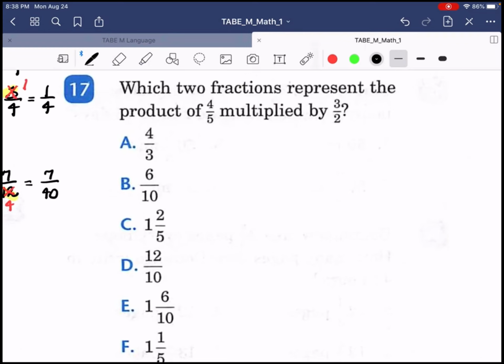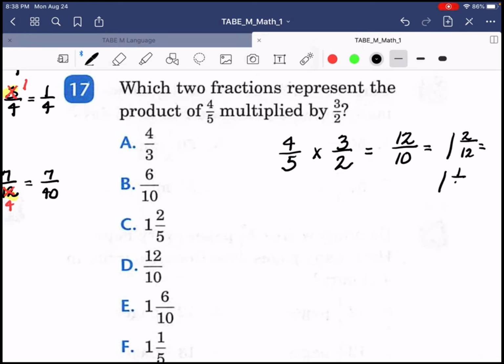Which two fractions represent the product of 4/5 multiplied by 3/2? And you can multiply straight across to get 12/10, which is 1 2/10.